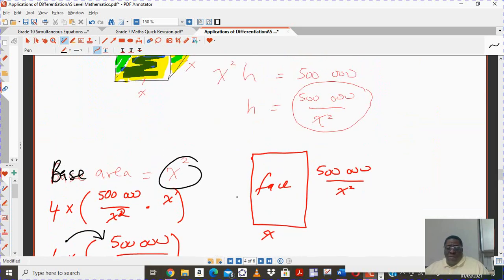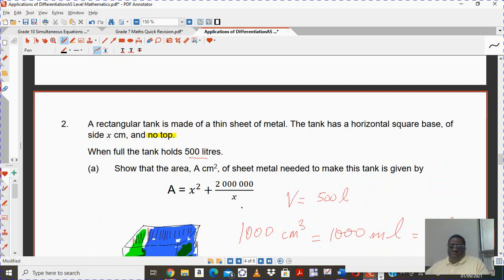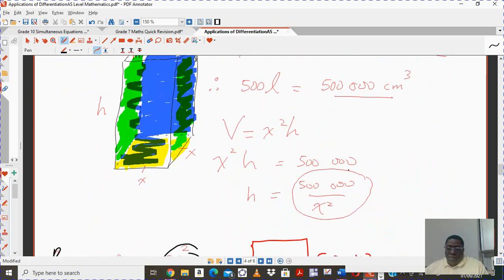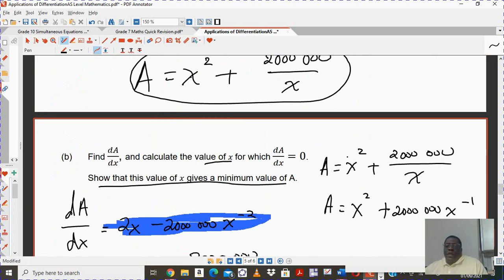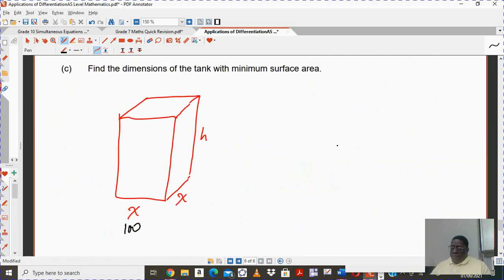What is our height given? Well, it's 500,000 over x squared. And I also wrote it here when you're doing the equation. Our height is here. This is the one I'm referring to, 500,000 over x squared. So the height is 500,000 over x squared.